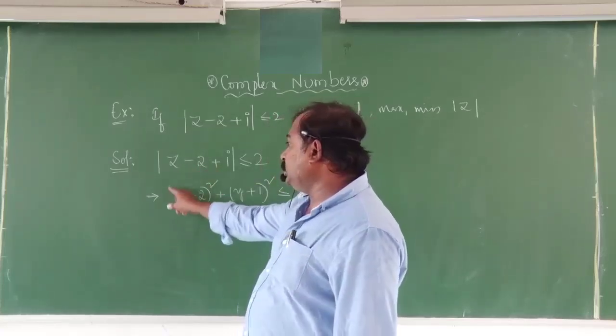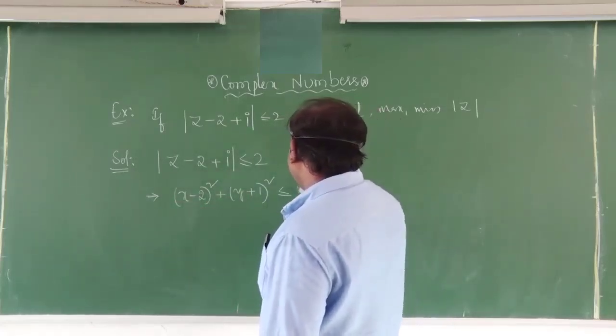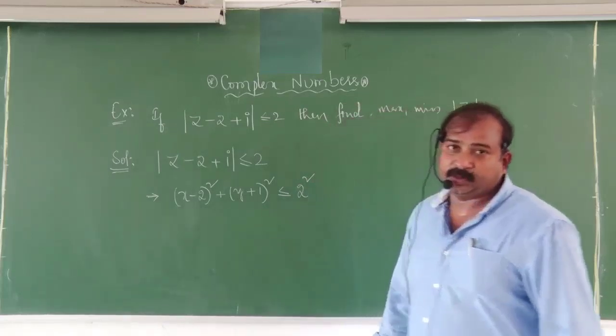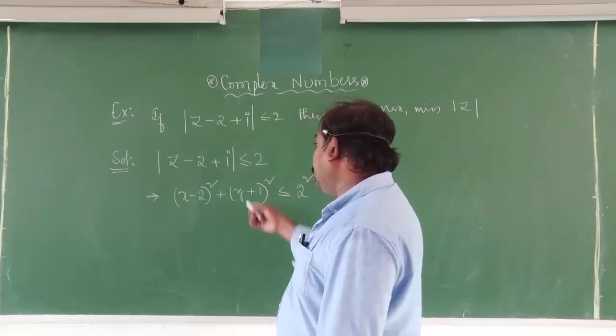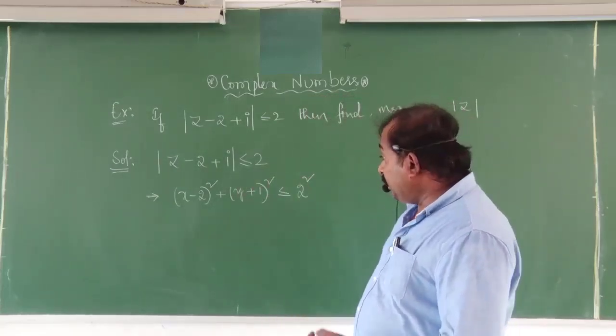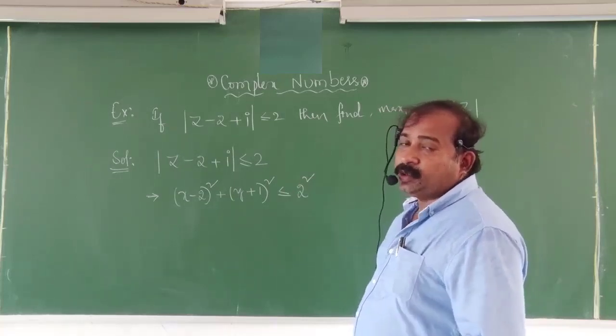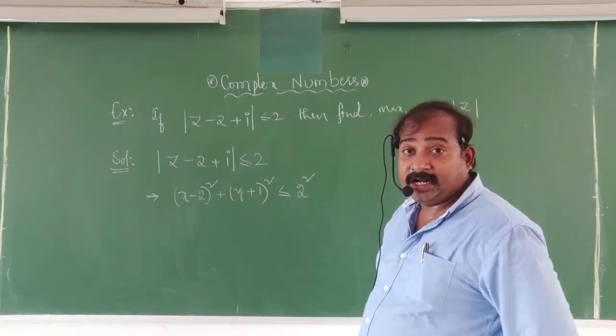Of course, modulus means under root. If you square on both sides, you will get less than or equal to 2 square. What does this equation indicate? If it is equal to the given value, it represents a circle. Since it is less than or equal to, it indicates the circular disc.